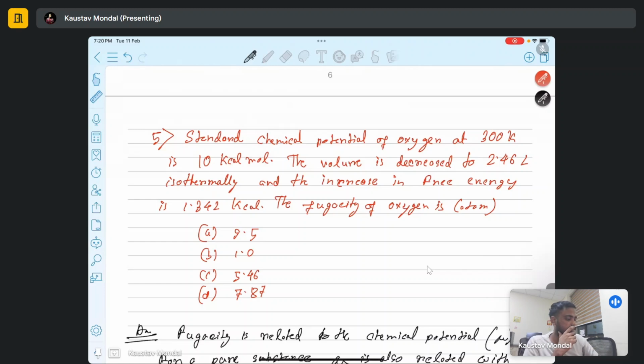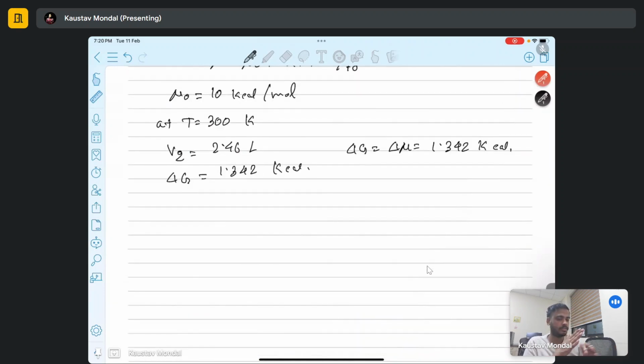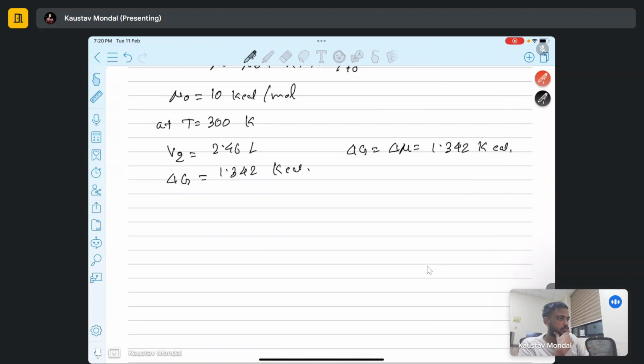The volume decreases. The system will not expand, it will contract. Initially, let's suppose the chemical potential was mu1, now it decreased to mu2. So delta mu was mu2 minus mu1.